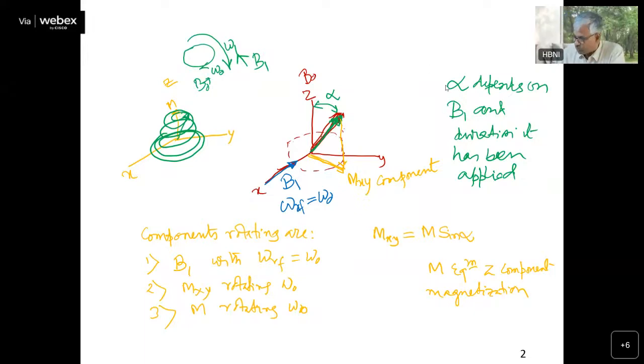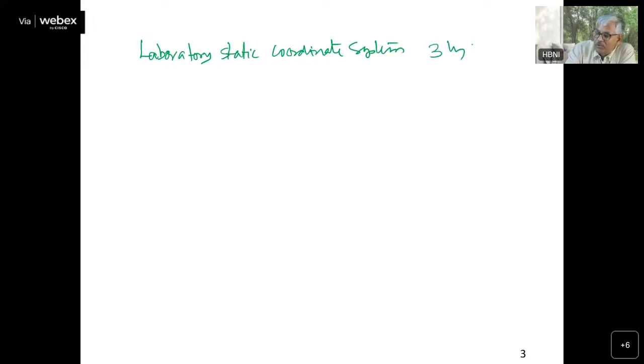So let us see what next we should do. We are now bringing in a mathematical trick. It is just a mathematical trick. Previously it was our laboratory static coordinate system, where we have seen three types of motion.